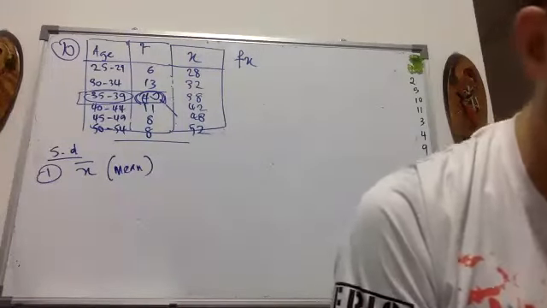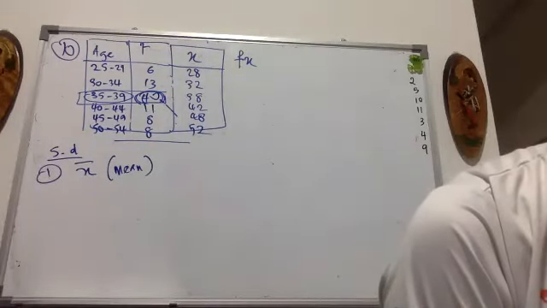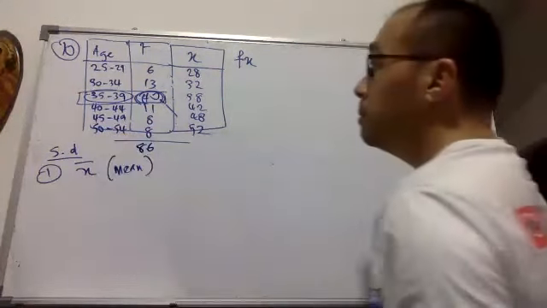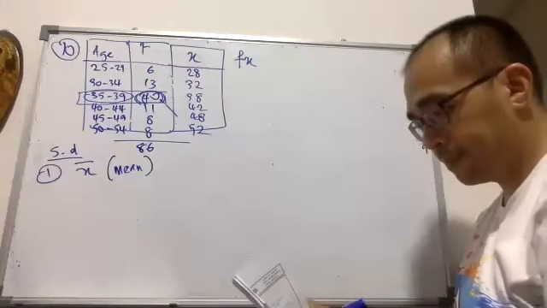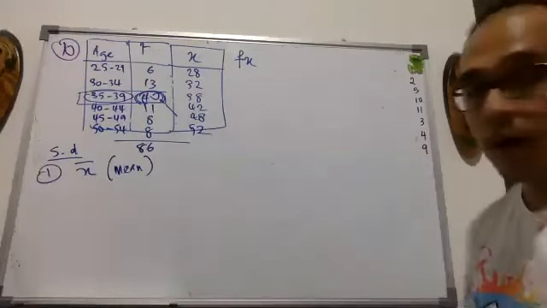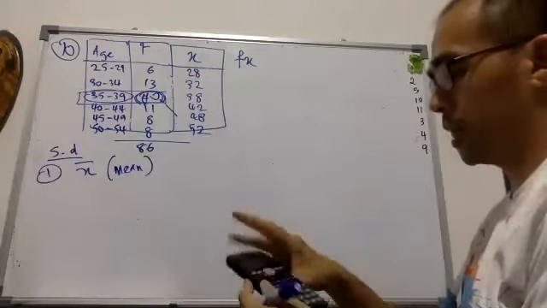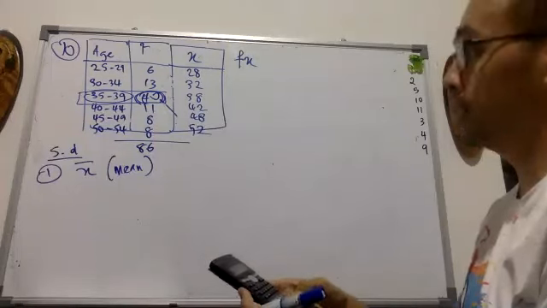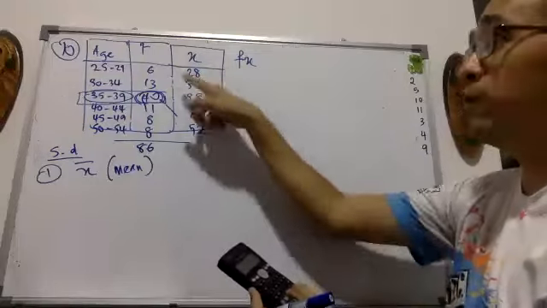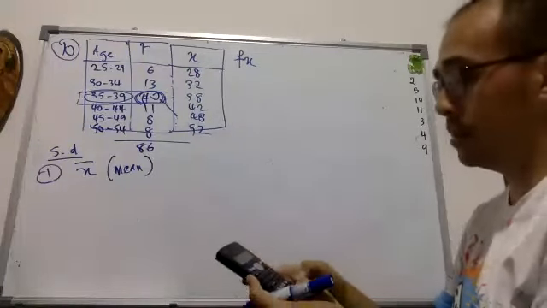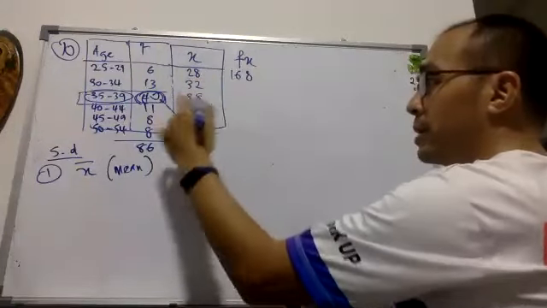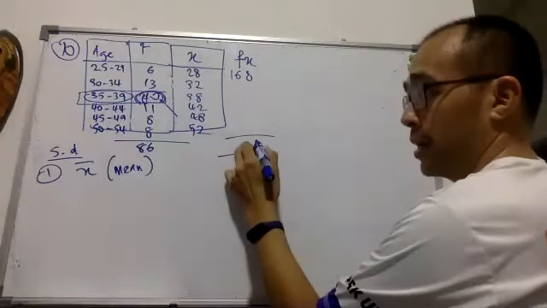Sorry, I'm just going to count it again: 6 plus 13 plus 40 plus 11 plus 8 plus 8. This is 86. Then every one of these you got to multiply. 28 kali 6, 168. Everyone you multiply, then you find the total down here.